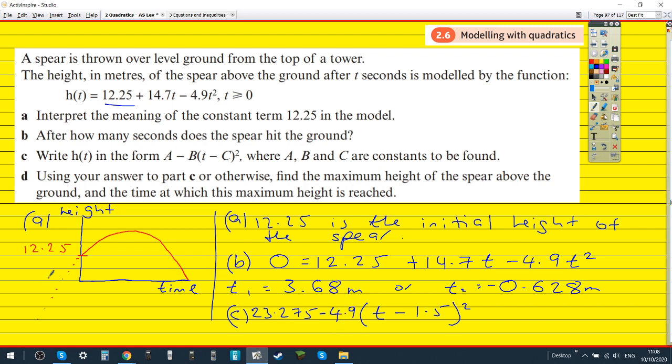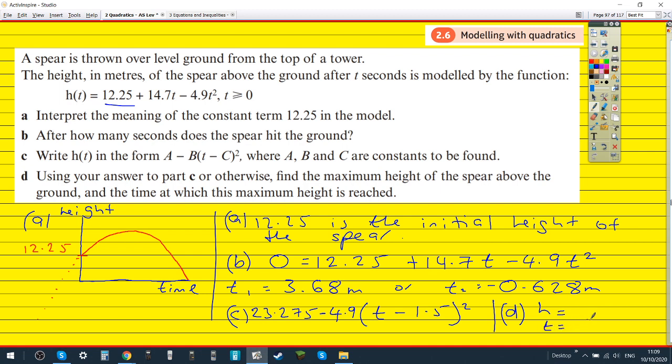And question D. What's the maximum height? What time does it reach that maximum height?